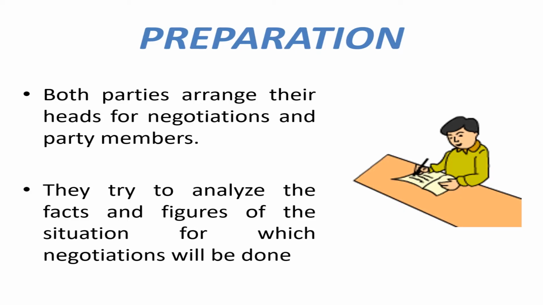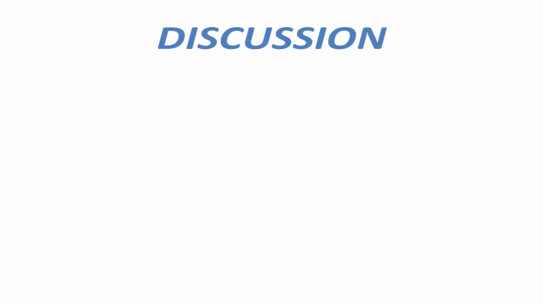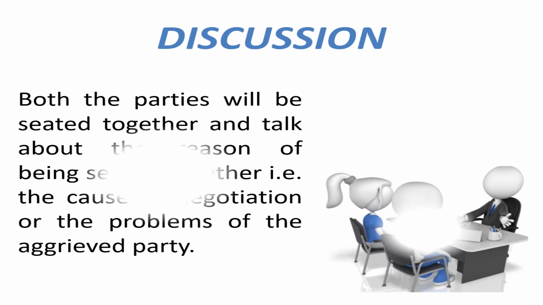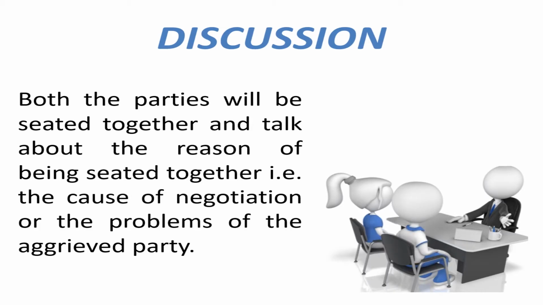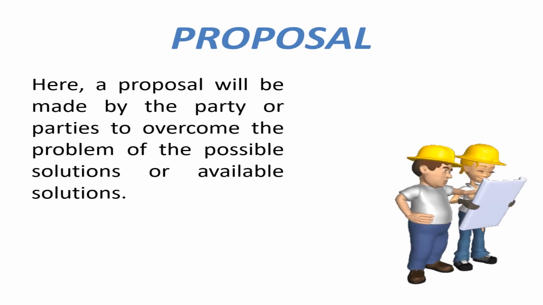After that we have discussion. In this step, both the parties will be seated together and talk about the reason of being seated together, that is, the cause of negotiation or the problems of the aggrieved party. Then, proposal. Here, a proposal will be made by the party or parties to overcome the problem, with possible solutions or available solutions.